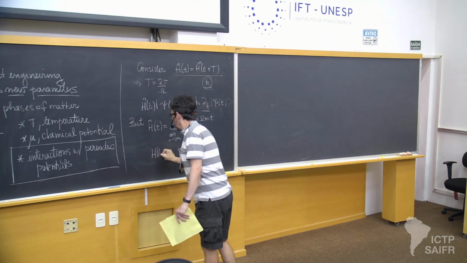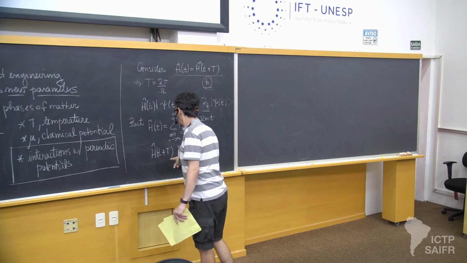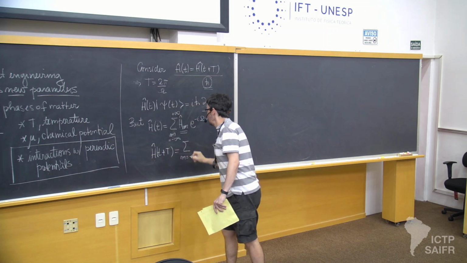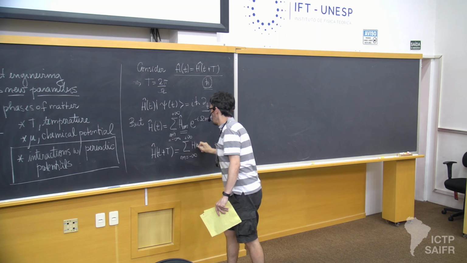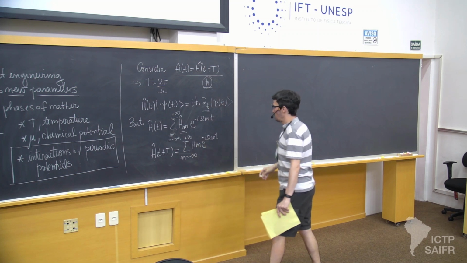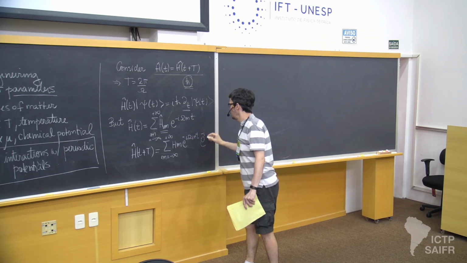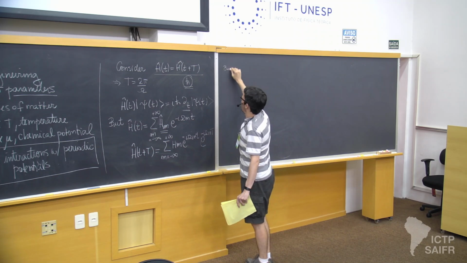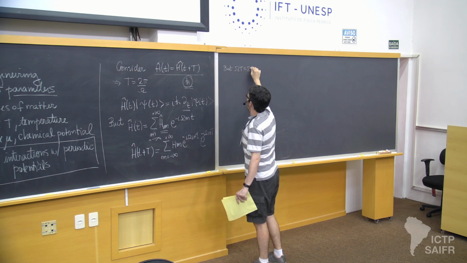It's obvious that if you boost time by big T, you get the same thing. H_m e to the minus i omega m t, e to the minus i omega m big T. But again, omega big T is 2 pi.